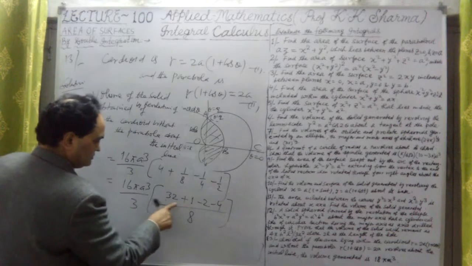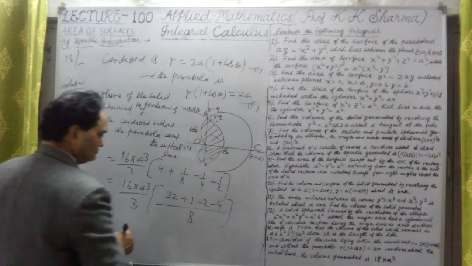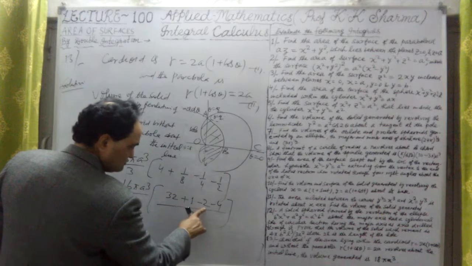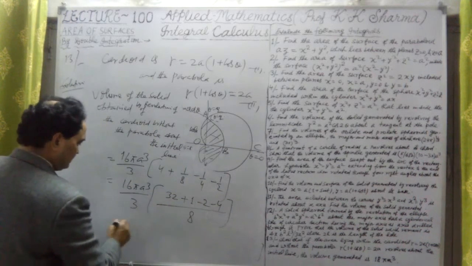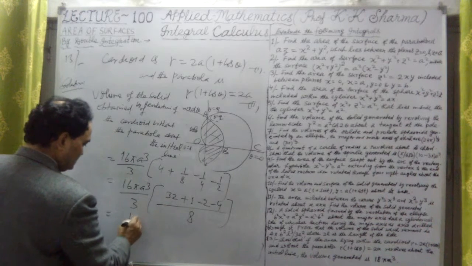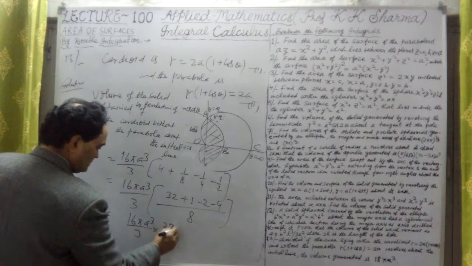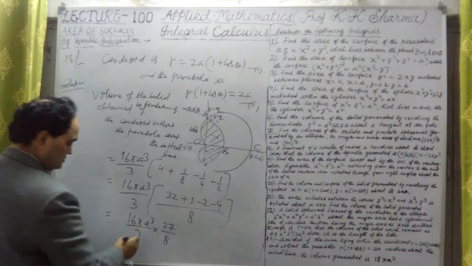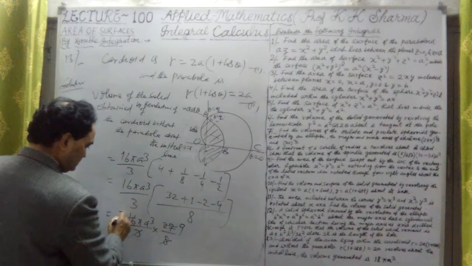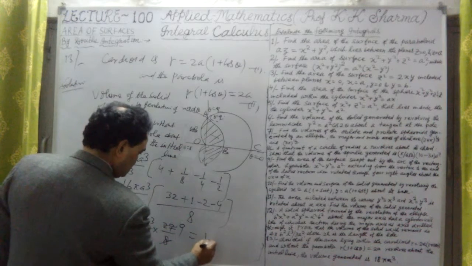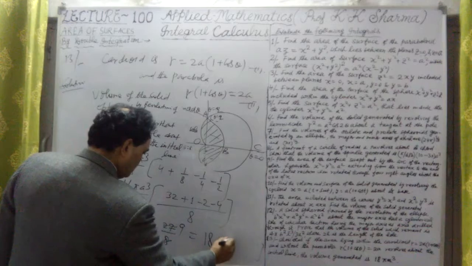So it is 33 minus 6, which means 27, or we can say 1 minus 2 is minus 1, minus 4 is minus 5, and 32 minus 5 is 27. So 16 pi a cubed upon 3 into 27 upon 8. 3 nines are 27, 8 twos are 16, and 3 into 6 is 18. So 18 pi a cubed.